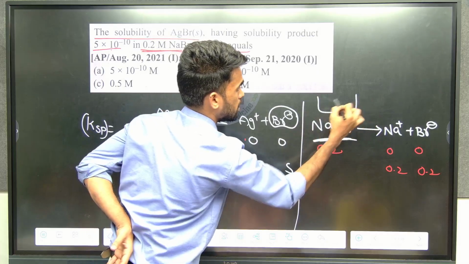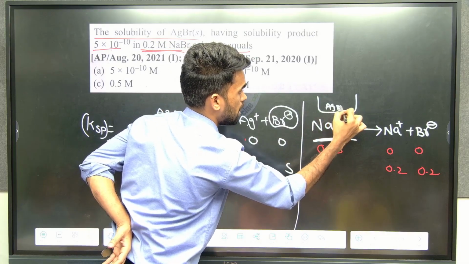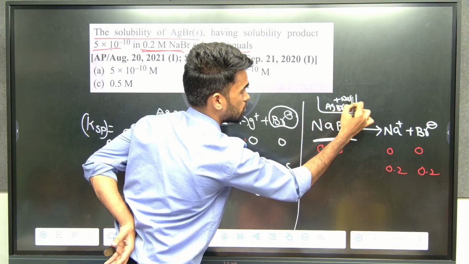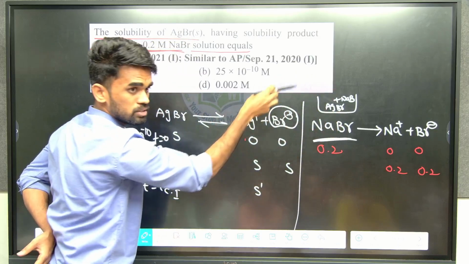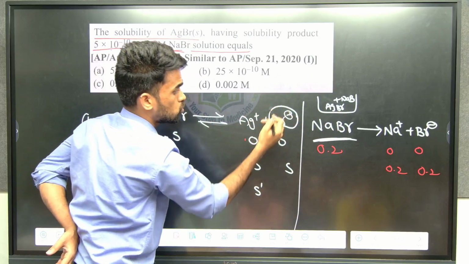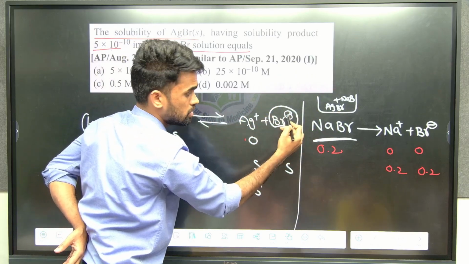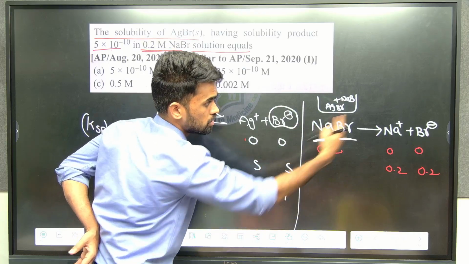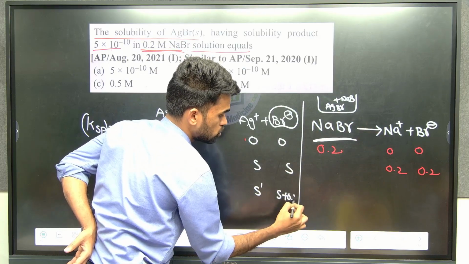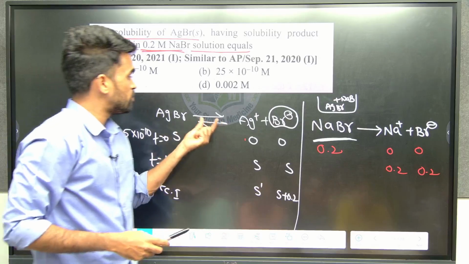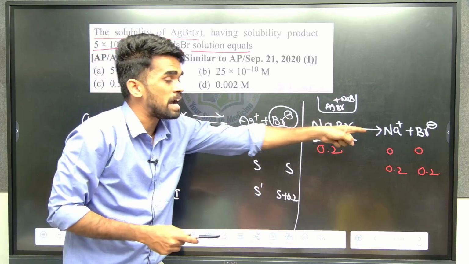In the beaker we have AgBr and also NaBr. What did I add to this? NaBr. Now what is the total Br minus ion concentration? S plus 0.2. To this equilibrium what did I add? NaBr.